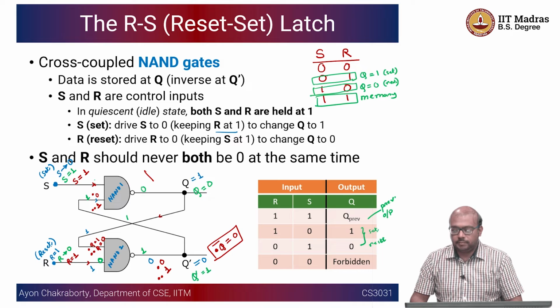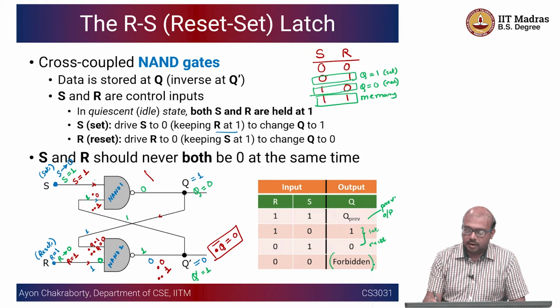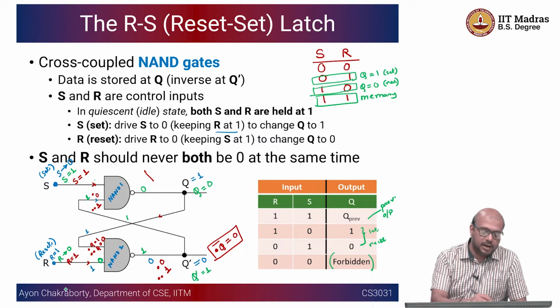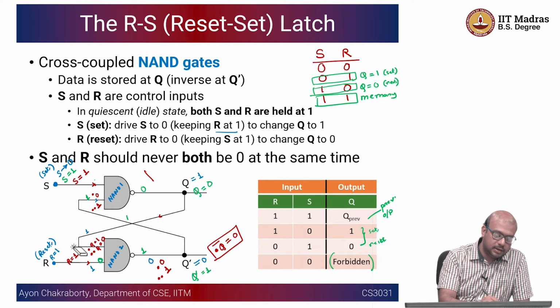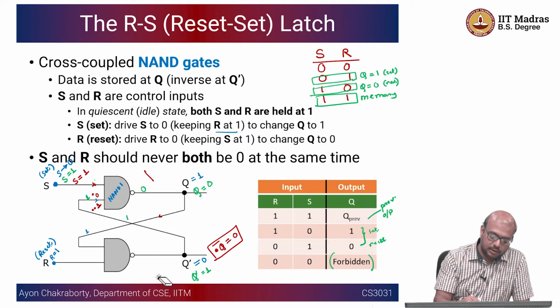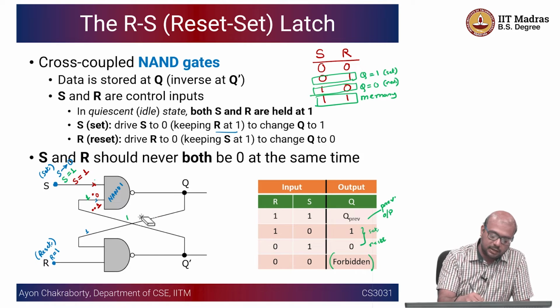Okay, so now the point is that you can investigate this particular part about what is meant by forbidden state or why it is forbidden. I'll give you a hint here, right? This one is already done. I would ask you to repeat this exercise on your own to get a clearer understanding.